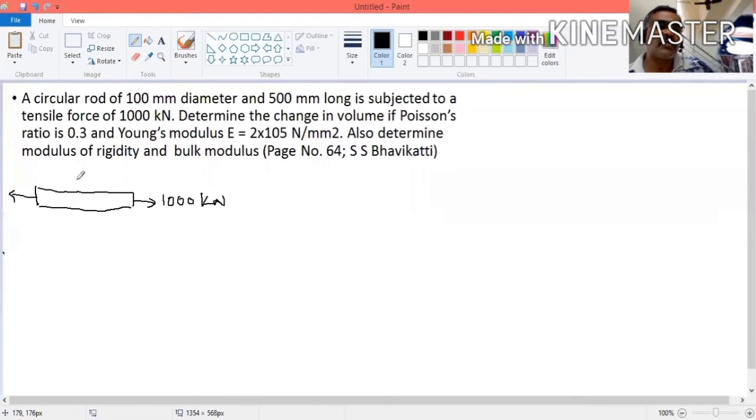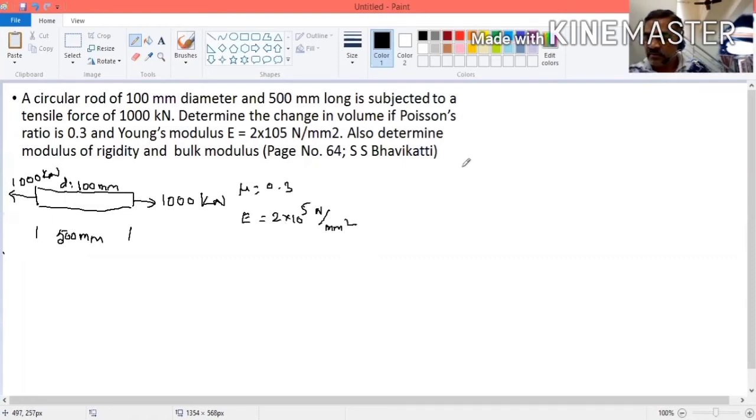The length is equal to 500 millimeter and the diameter is equal to 100 millimeter. And other data are mu is equal to 0.3, Poisson's ratio, and Young's modulus is equal to 2 into 10 power 5 Newton per millimeter square.